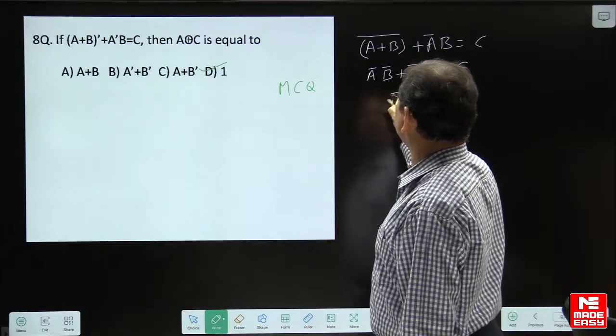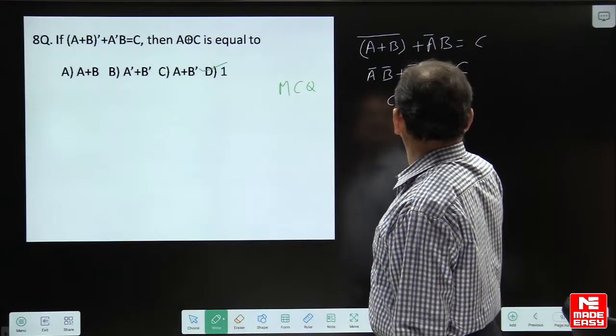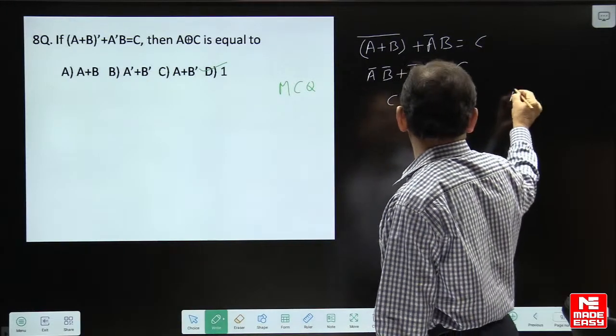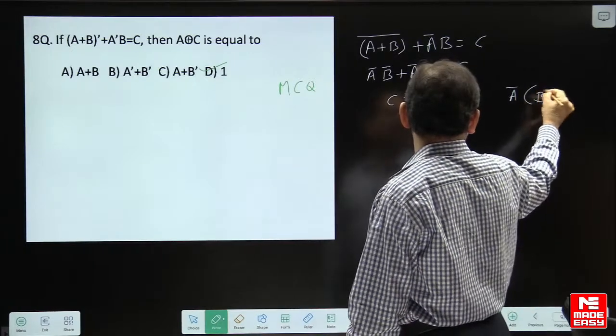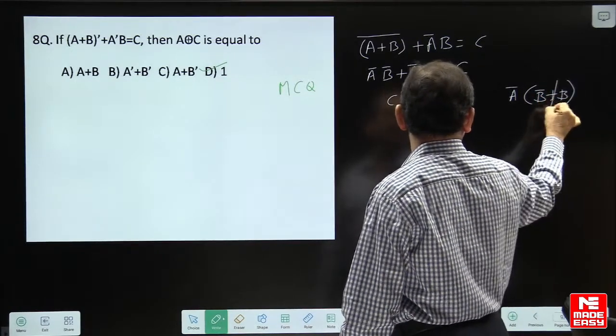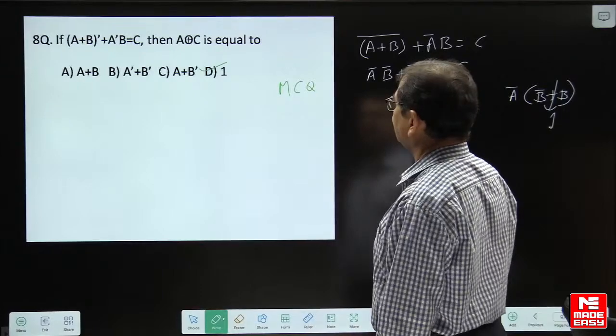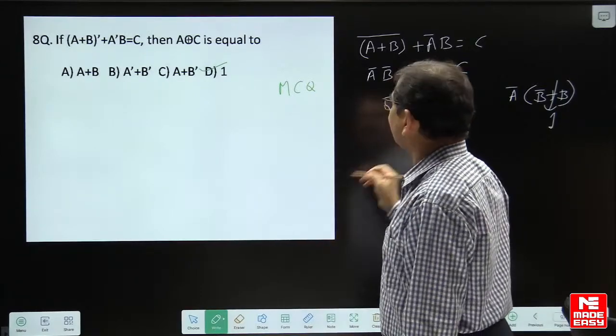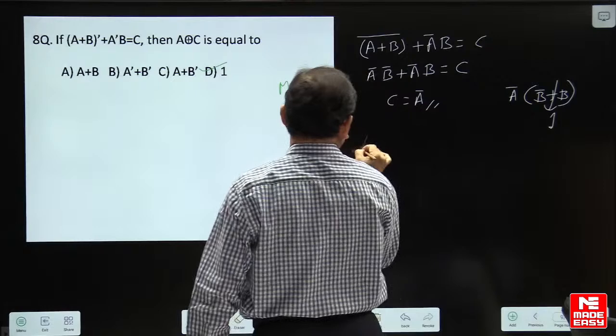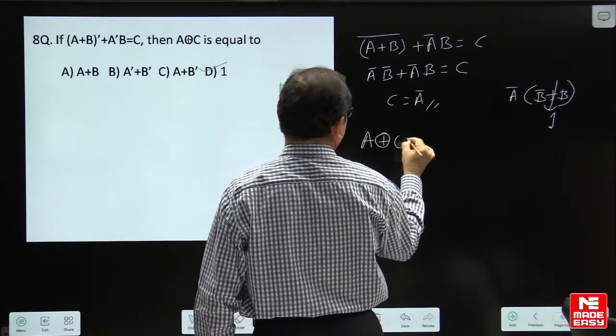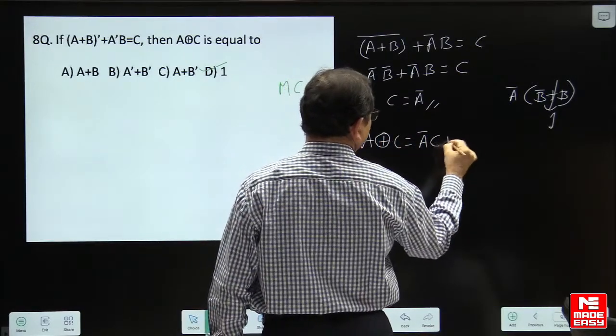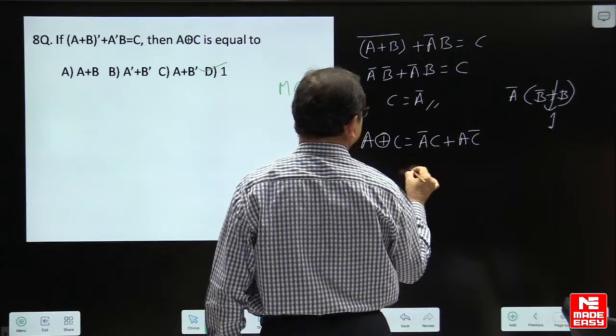So that C we are looking at as just A complement, because A complement is common. Within the parenthesis, using Boolean algebra properties, you know it is 1, so that it is A complement. Right? And coming to the required thing, A exclusive OR C is A complement C OR with A C complement.